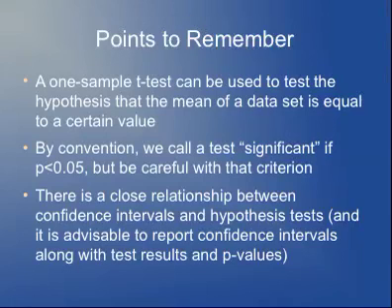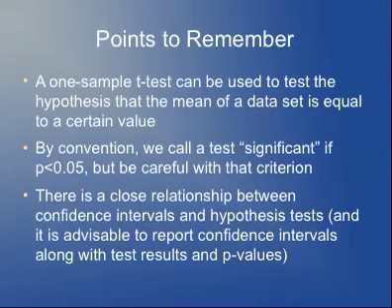Okay, so we've seen today that the one sample t-test can be used to test the hypothesis that the mean of a data set is equal to a certain value. That's all we're doing today, the one sample t-test. By convention, we call a test significant if p is less than 0.05. But we need to be careful about that because it really has to do with what we're testing, what the data is collected about, things like that.